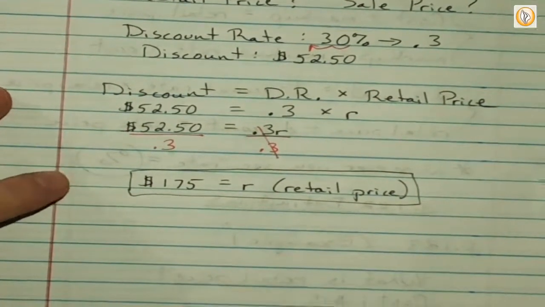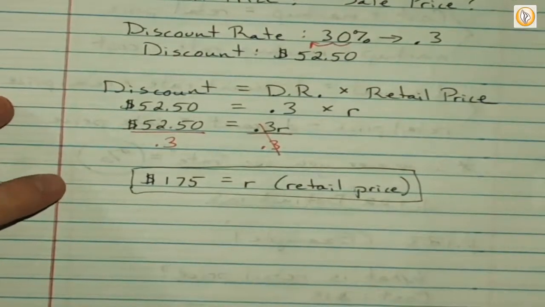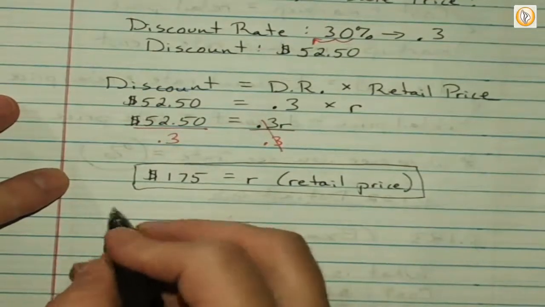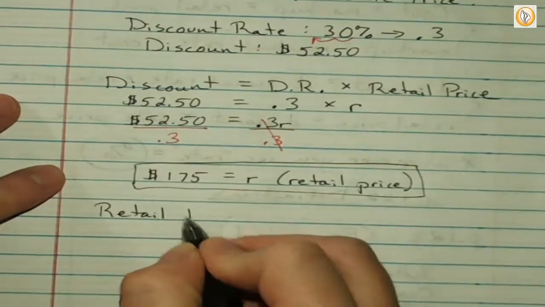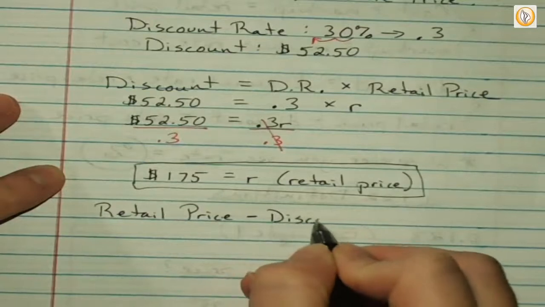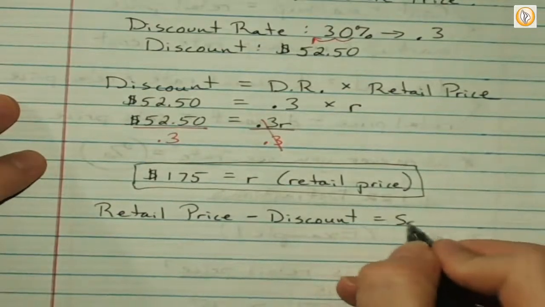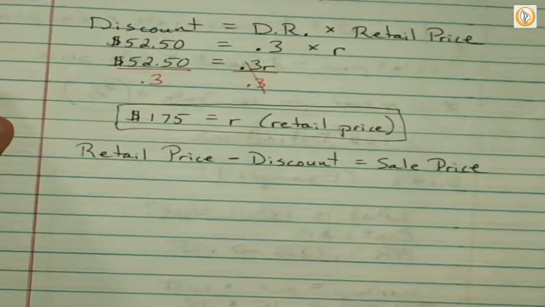So now they want to know how much was his sale price. What did he end up paying during that sale? So we're going to use the other formula. Retail price minus the discount equals the sale price.